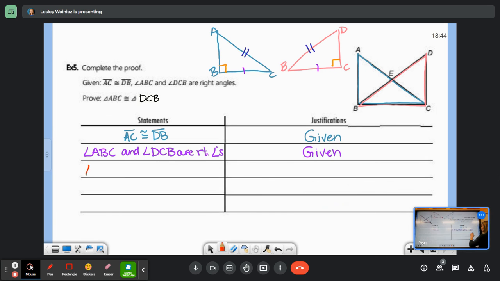So triangle ABC and triangle DCB are right triangles. That comes from the definition of a right triangle.